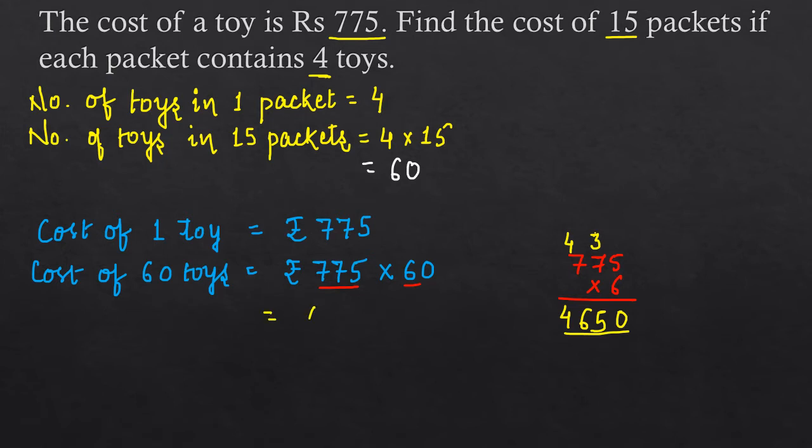So it is equal to 4650. But one zero of 60 is still left. So we will put the zero at the last place.